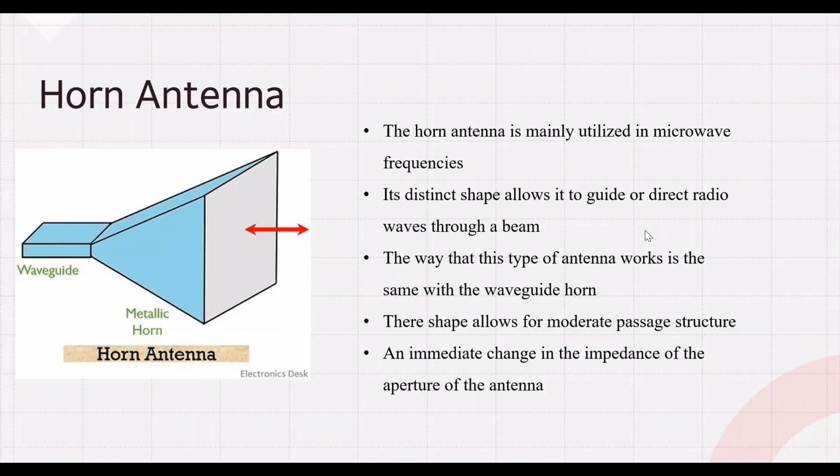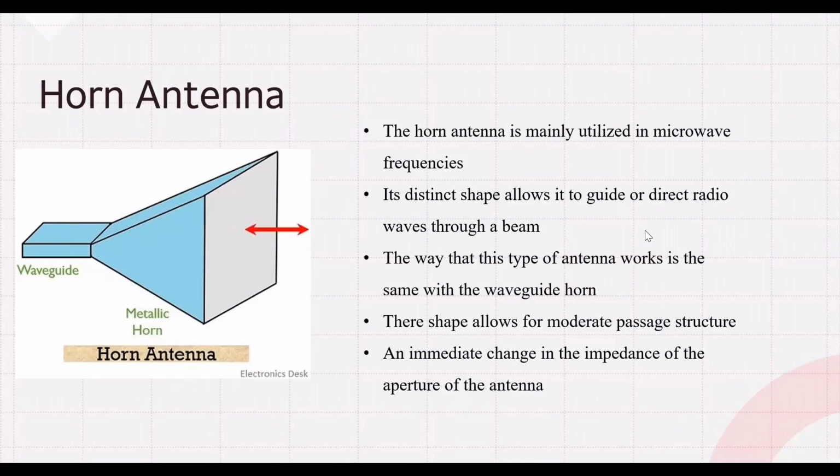The way that this type of antenna works is the same as the waveguide horn that is used for guiding the sound waves in musical instruments of windpipes. Their shape allows for a moderate passage structure to be able to match the impedance of a tube to the impedance of free space. When that happens, the wave is emitted into space with efficiency.